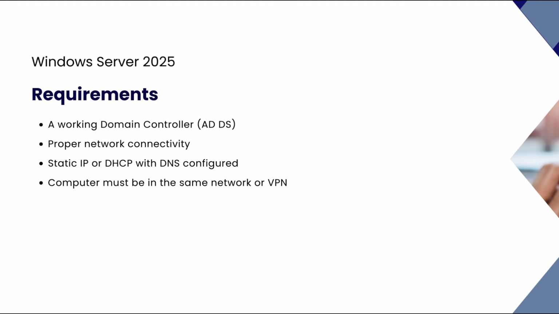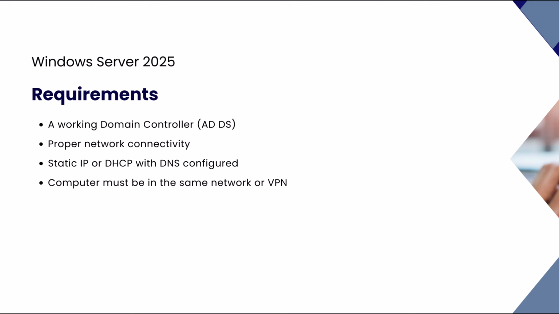What do you need as a requirement to join a domain? You need a working domain controller. We set it up already in the last video, so we have an itproguide.com domain controller. You need proper network connectivity. That means your workstation should be able to reach the domain controller. Also you need to assign an IP address. It can be DHCP or static IP, that is fine.